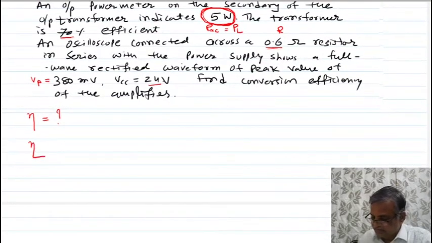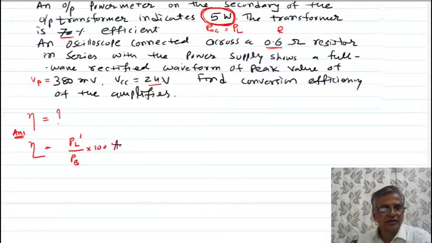You know, efficiency is nothing but the AC power PL dash delivered to the load upon PB, into 100. I have to find PL dash upon PB. So let us write what is PL dash and what is PB.